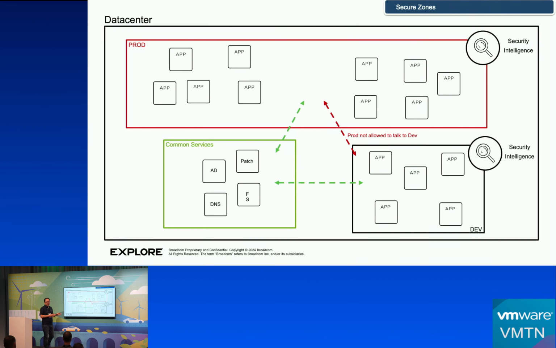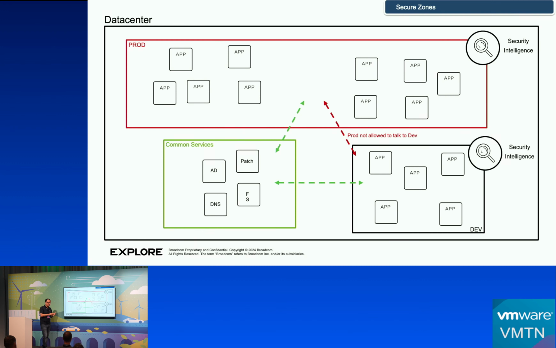I'm not going to talk about security intelligence here. You may have seen there's a lot of presentations about security intelligence, but basically it does provide a simple interface where you can specify rule IDs or groups or zones or usernames to visualize if the traffic between the zones, for example, is protected or not.